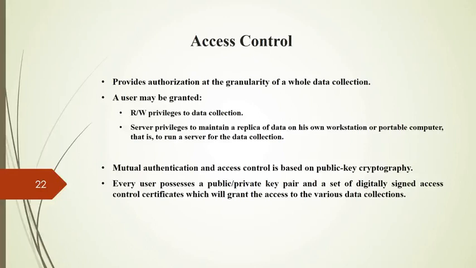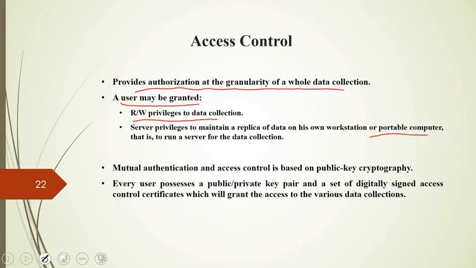The access control model currently implemented in Bayou provides authorization at the granularity of a whole data collection, which is the unit of replication. A user in Bayou may be granted read or write privileges to a data collection. A user may also be granted privileges to maintain a replica of data on his workstation or portable computer.